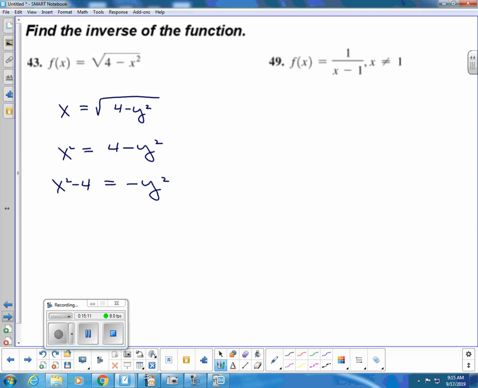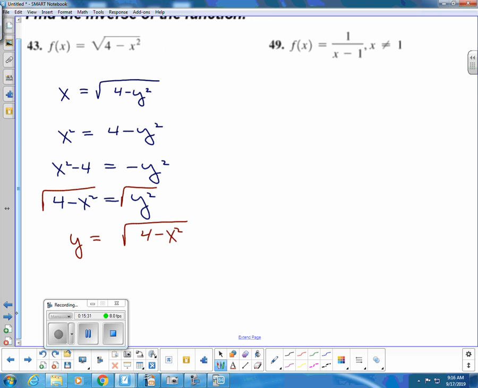I need to get rid of the negative. So that's going to make this a 4 minus x squared. And then they want you to take the square root. So y equals the square root of 4 minus x squared.